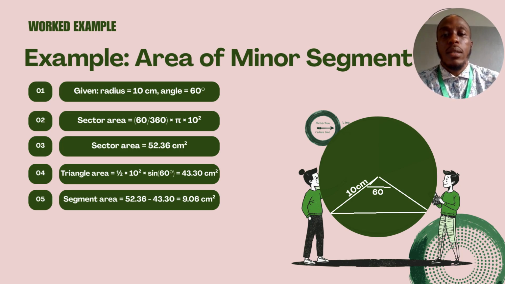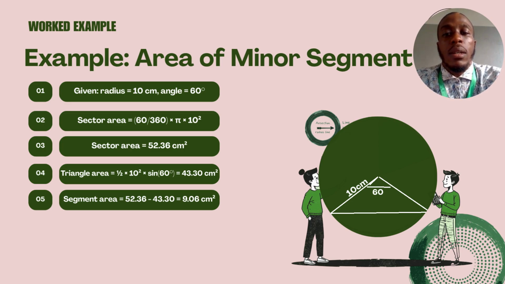Then calculating the area of the triangle, it becomes half r squared sine theta. That is half times the radius raised to power 2 times sine of the angle. That is half times 10 raised to power 2 times sine 60. If done correctly, it's going to give you 43.30 centimeters squared.